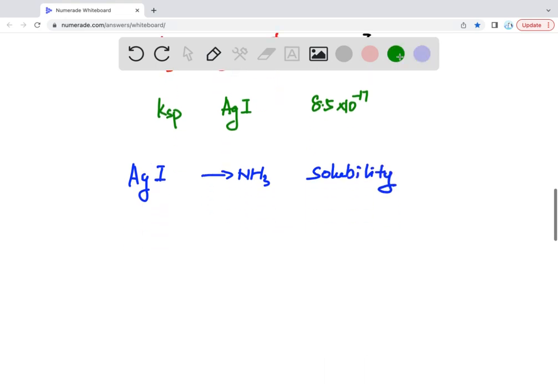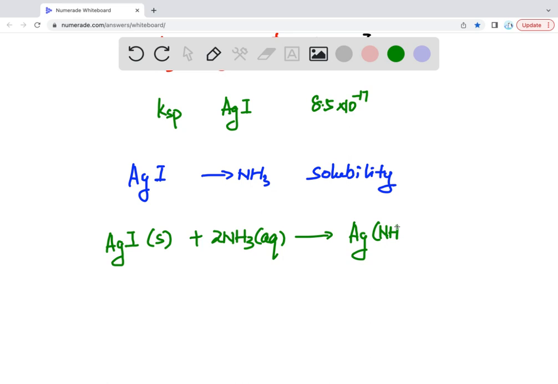So if we express the process with a chemical equation, initially you have the silver iodide, and then you dissolve that into the ammonia in the aqueous state. Then you generate the silver ammonia 2 plus and the I minus iodide ions.